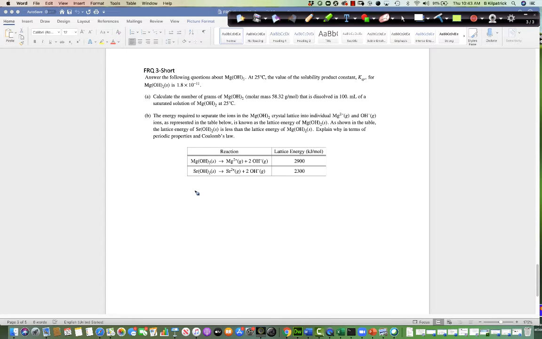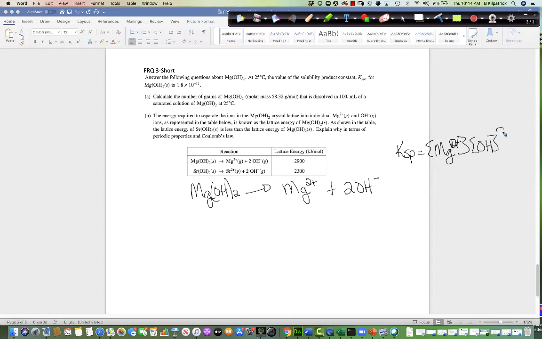I know that magnesium hydroxide, if I dissolve it, because we're talking about KSP and that deals with solubility, I'm going to make magnesium and 2 hydroxides. Now, I also know that the KSP is equal to the concentration of magnesium to the first multiplied by the concentration of hydroxide to the second.